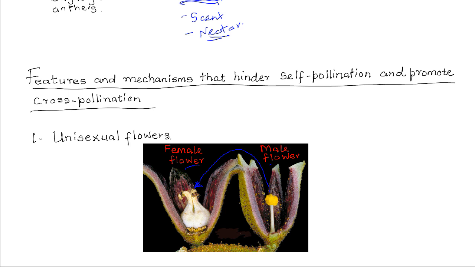So the male flower here, the staminate, produces the pollen grains, which then get transferred to the pistillate, that is the female flower, where the stigma is located. So through the existence of unisexual flowers, self-pollination is hindered and at the same time cross-pollination is promoted. And this helps to bring about variation.